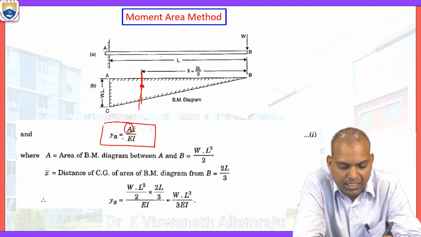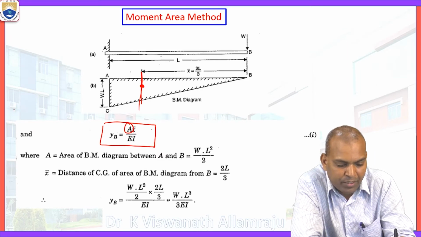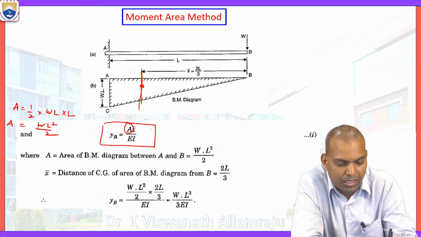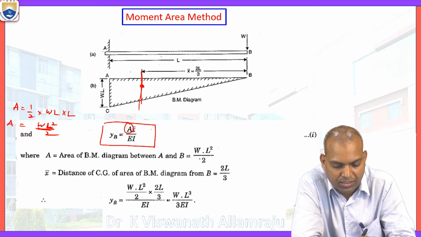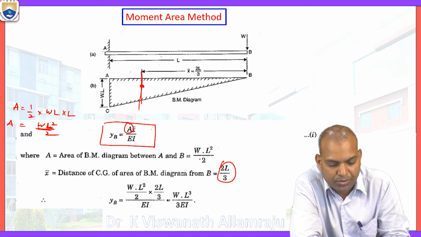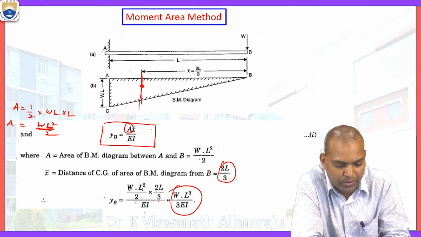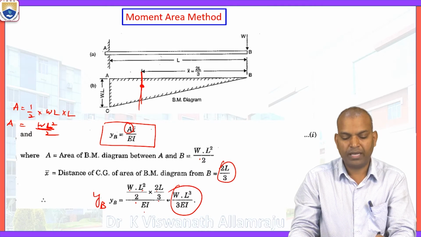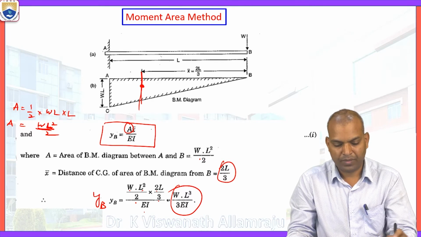The area is WL square by 2. After substituting WL square by 2 and 2L by 3 over EI, we get WL cube by 3EI.